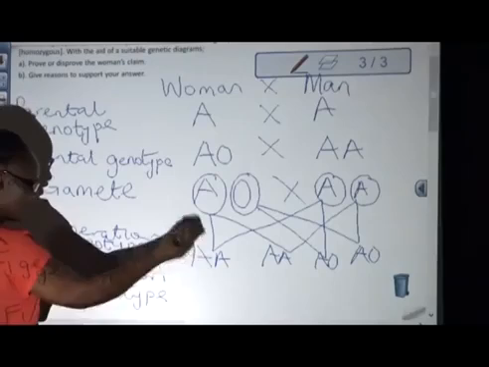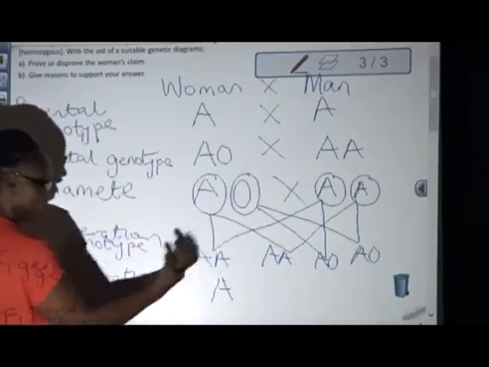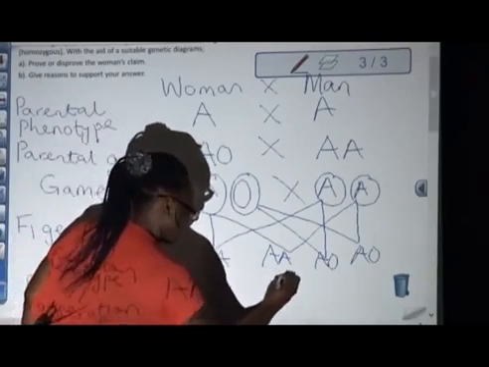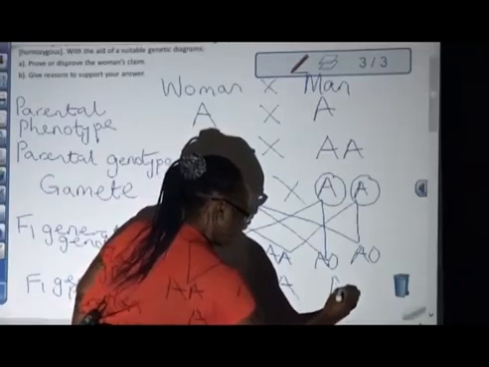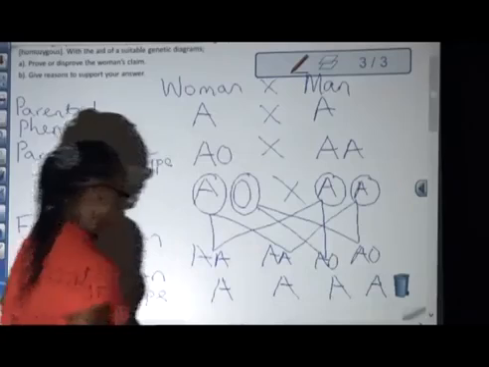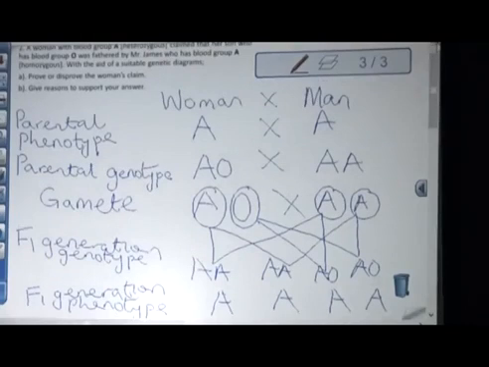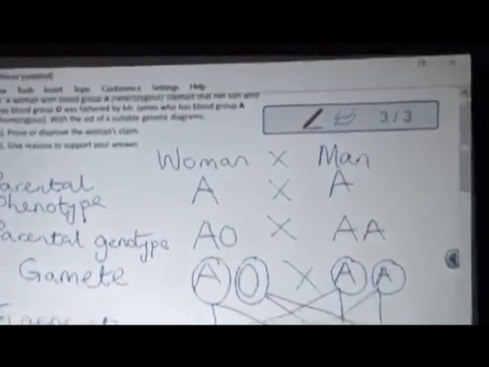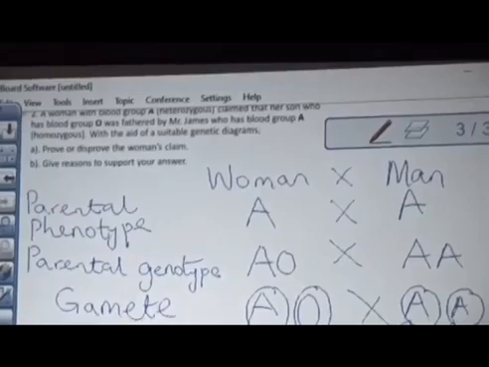AA, the blood group is A. AA is also A. AO, A. AO is A. That means the woman's claim is wrong, because when you look at this, the son has blood group O, but here we only have A. That means the woman's claim is wrong.